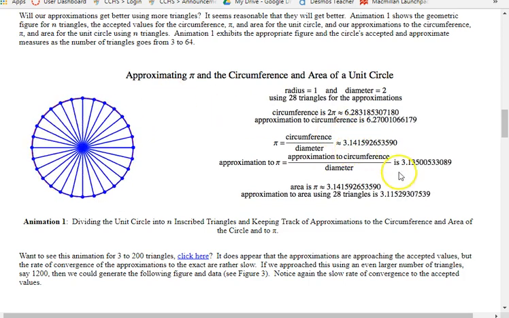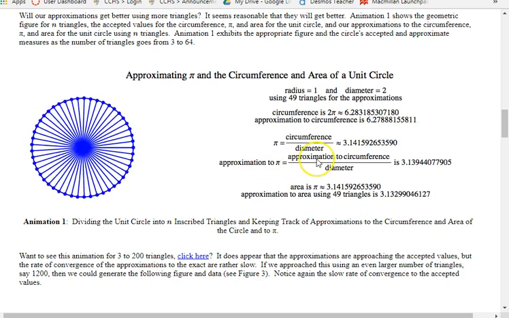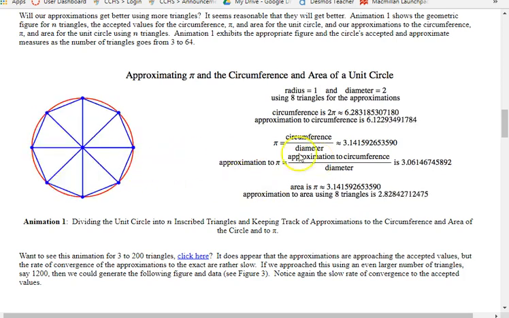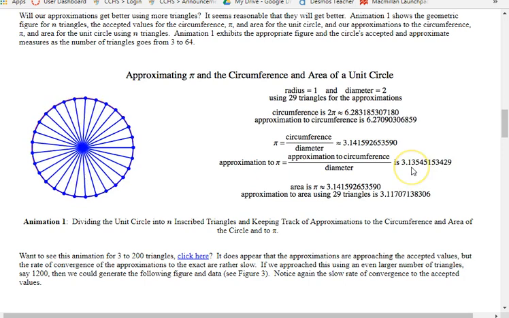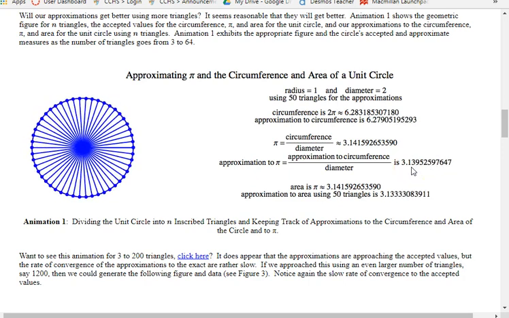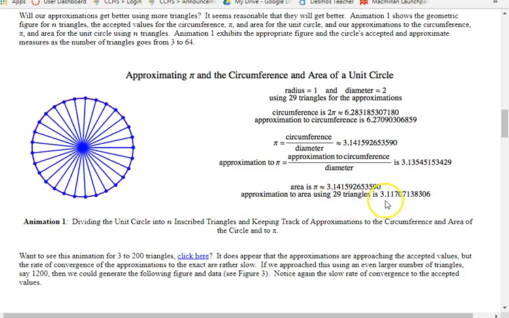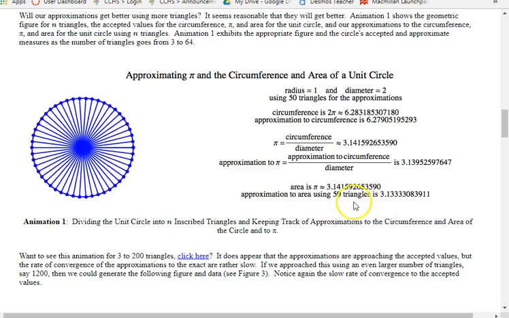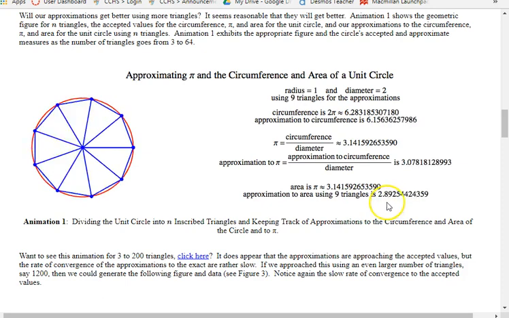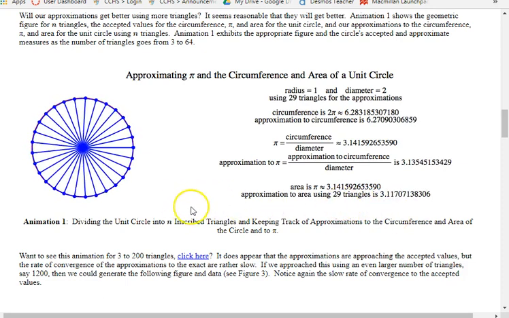If we look at the approximation to the area here, it's getting closer and closer to pi the more triangles we have in here. Using more and more triangles, it gets closer to pi, and we start over and over again.